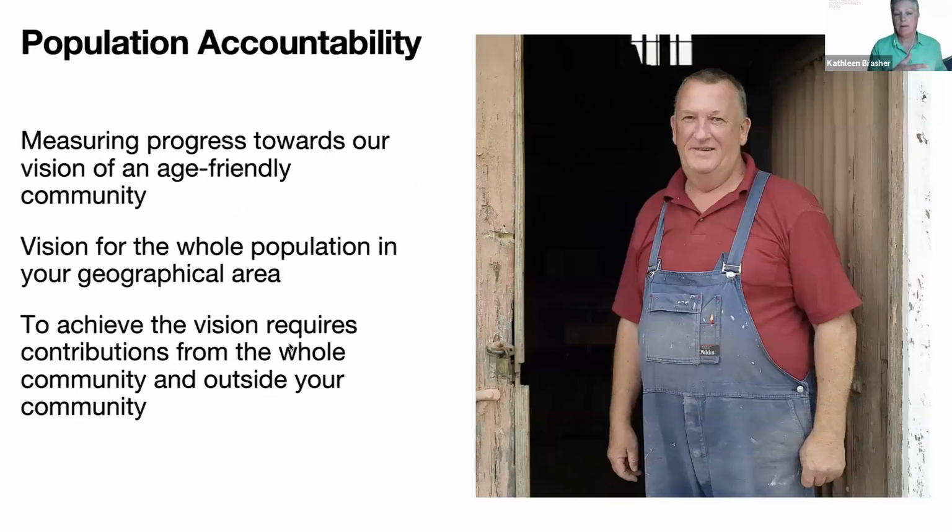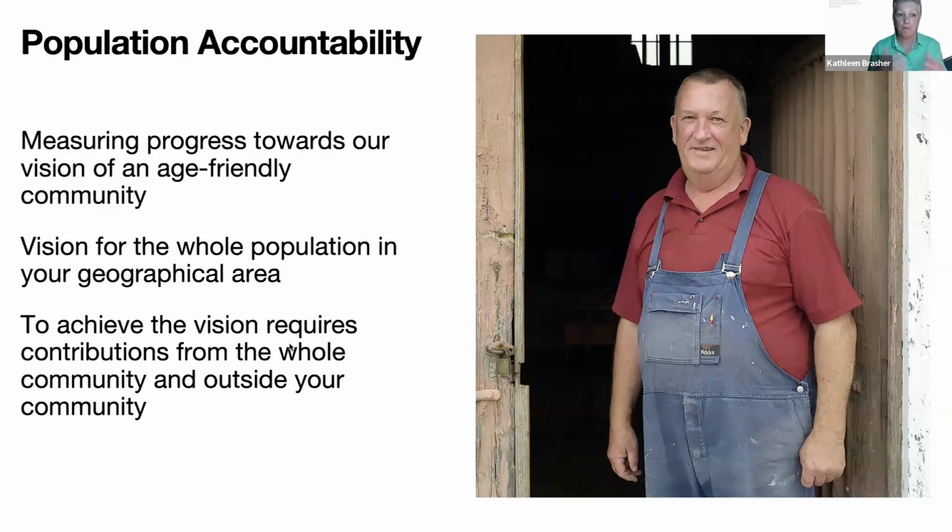So when we think about our age-friendly community work, population accountability is about measuring our progress towards the vision or the outcomes for our geographic community. And to be able to get to that vision, it's going to require much more than any individual age-friendly program.